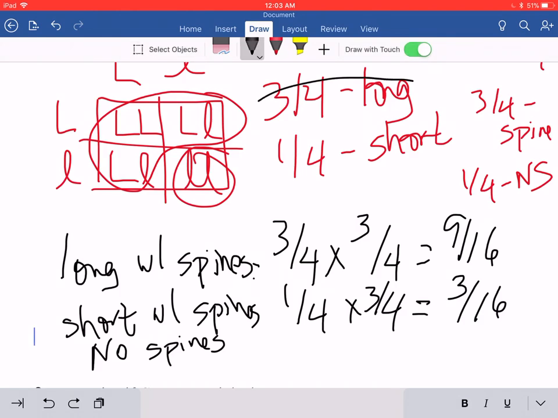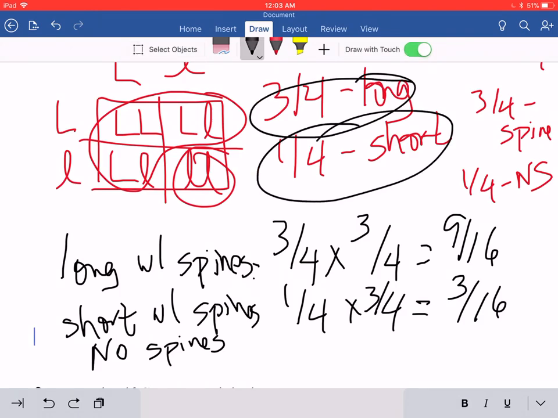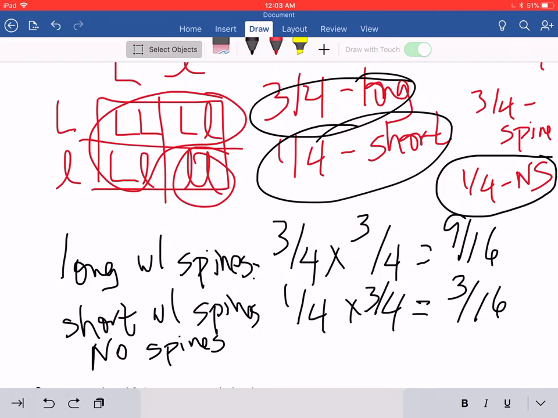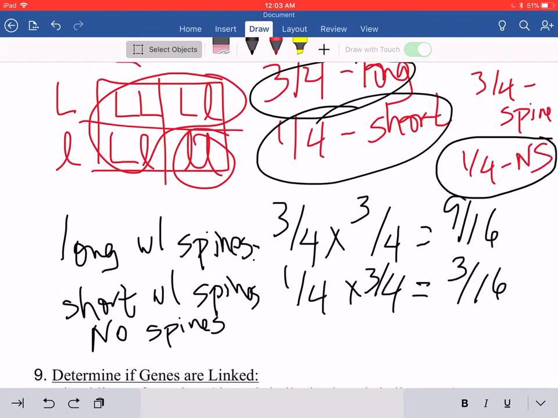Next, we're going to have no spines, and individuals with no spines are going to be both those who have long and short, but who have the no spine combination of alleles for that other gene, okay? So no spines basically can be, if we look at no spines with long spines, we would see 3/16 total.